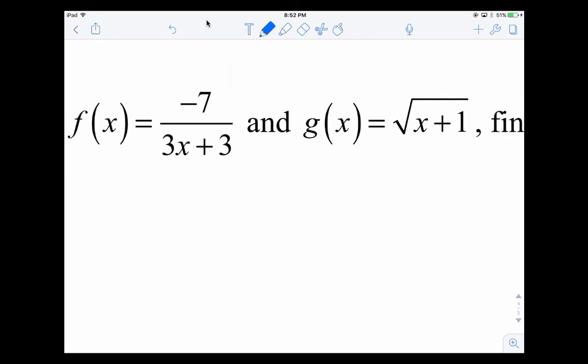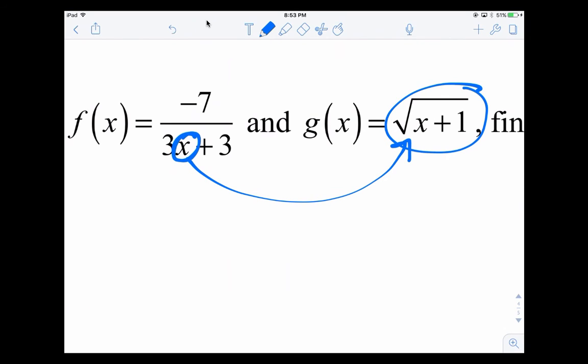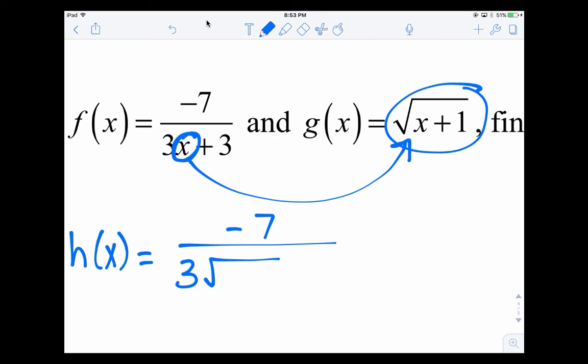So I'm going to replace the x term in the f function with this entire thing. So h of x now is going to be negative 7 divided by 3 square root of x plus 1 plus 3.